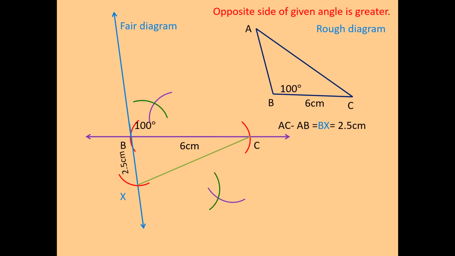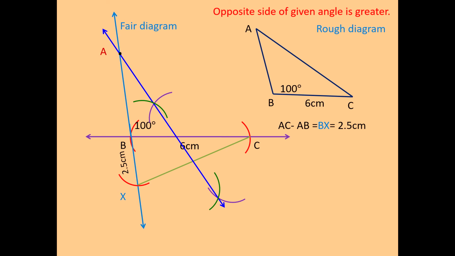So we have got 2 points, and with these 2 points we will draw a line. That line intersects the line which was drawn before, and the point of intersection of the side of the 100 degree angle and the perpendicular bisector is named A. So we got our point A.